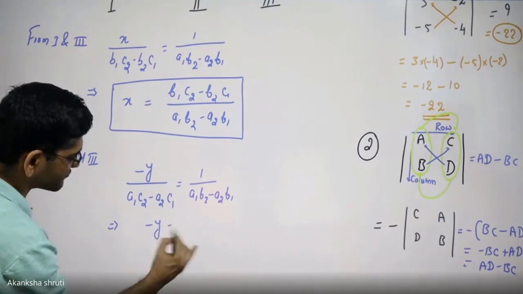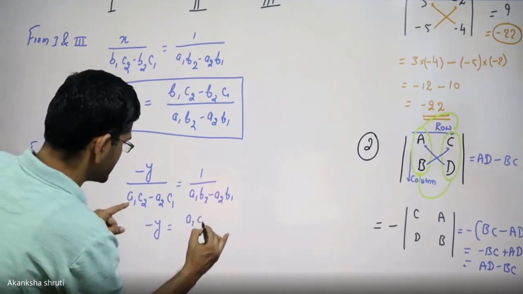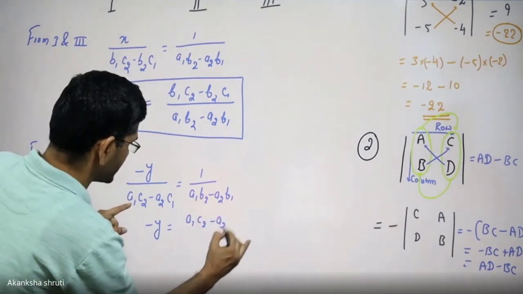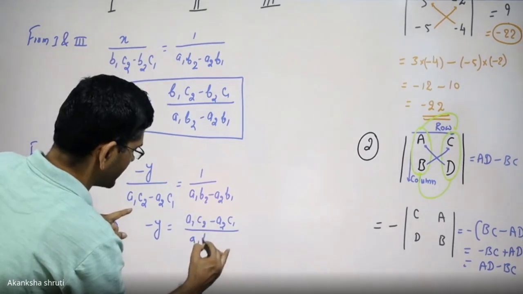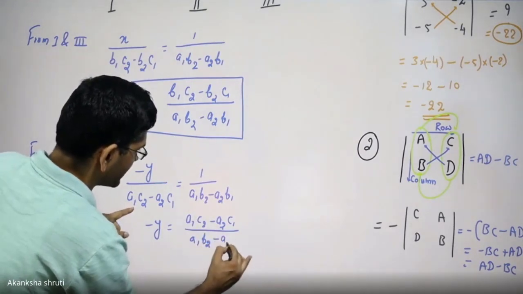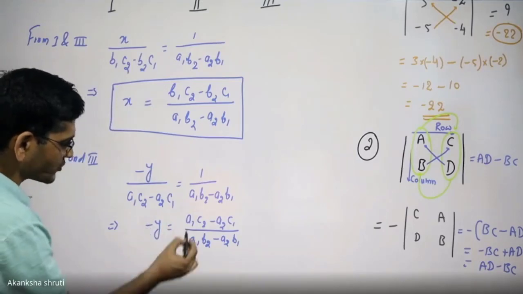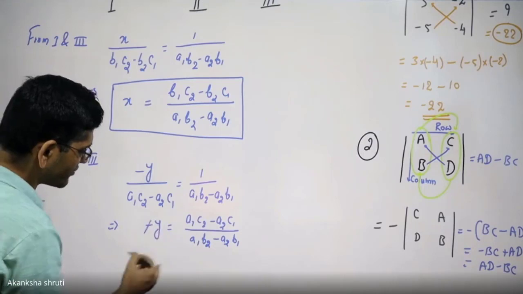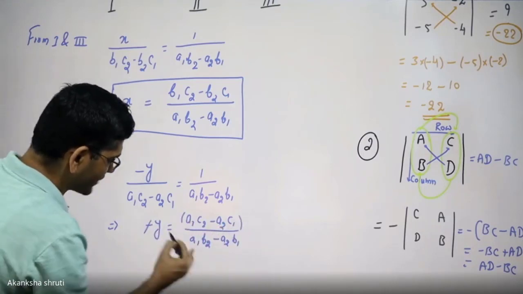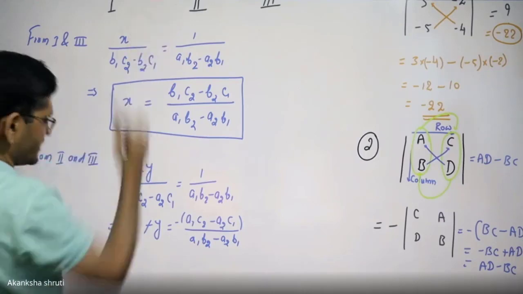So first you may write this as minus y, as (A1C2 minus A2C1) divided by (A1B2 minus A2B1). Now this minus has to be sent to the right hand side, so you can remove this minus and send it to the right hand side.